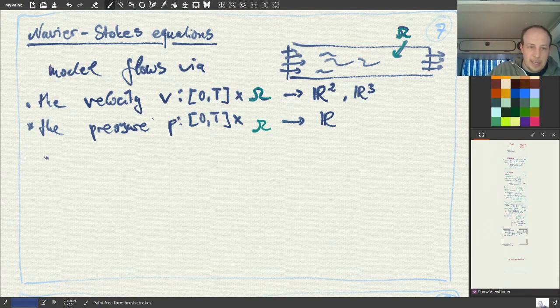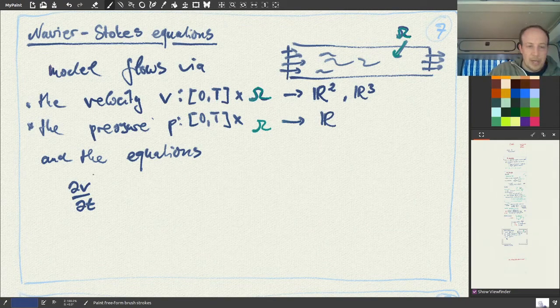Via velocity and pressure, the equations are: dv by dt, now I leave out the arguments, v, such a Kronecker product. This is the spatial derivative, the Nabla operator times the v.